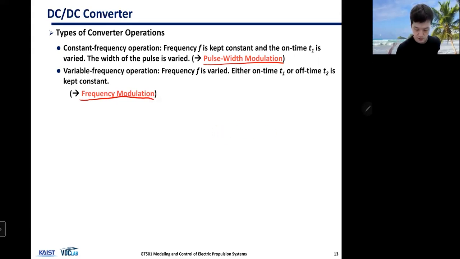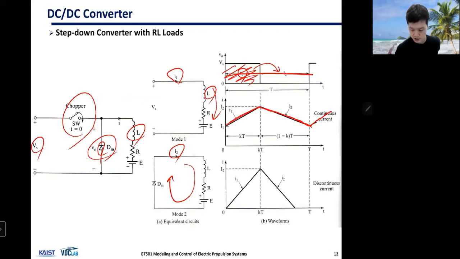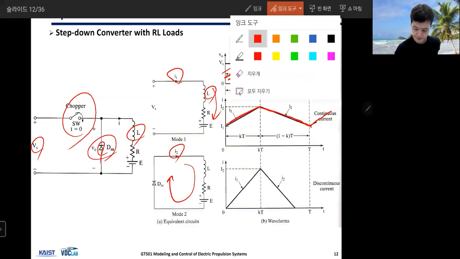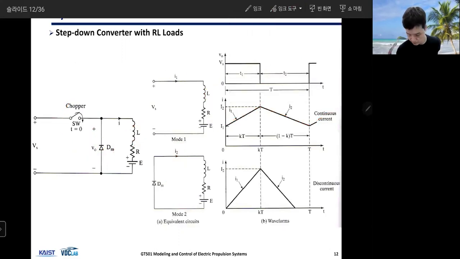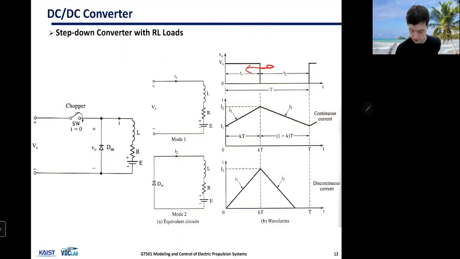And what this means is frequency F is kept constant, and you are only modifying T1. So meaning that you're only modifying this, and the frequency is determined by this big T. So you can adjust output voltage by adjusting this T1 and T2 ratio.